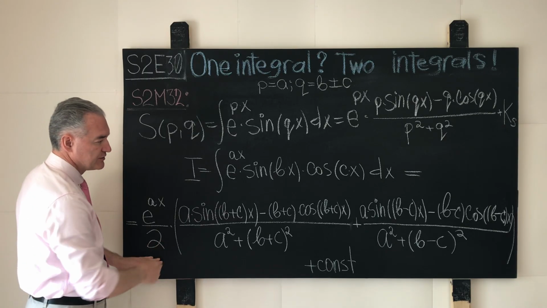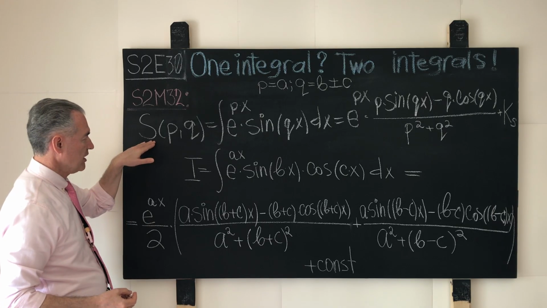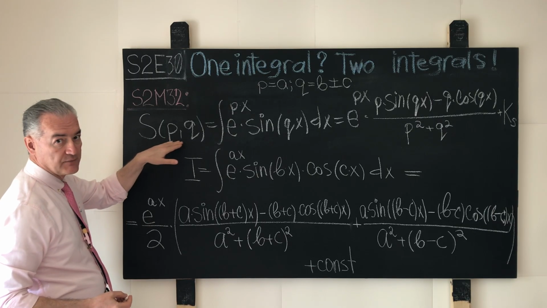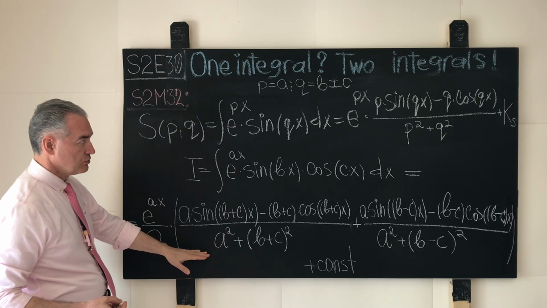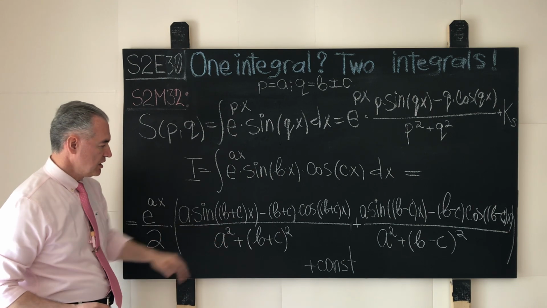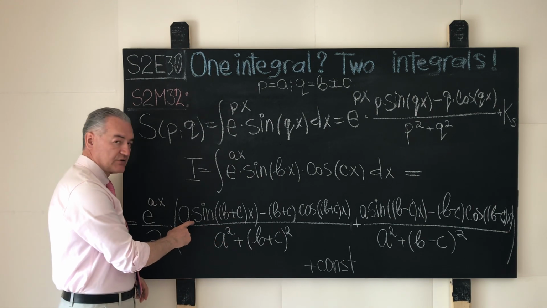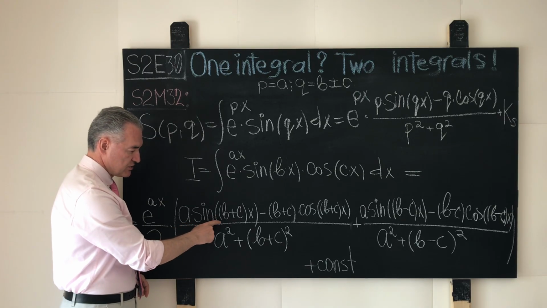And in the parentheses, we have essentially the sum of these two integrals of the shape s of p and q. In the first integral, the role of the constant real number q is played by the sum b plus c. So we have a as a factor in front of the trigonometric function of sine, and the argument of that function is what?